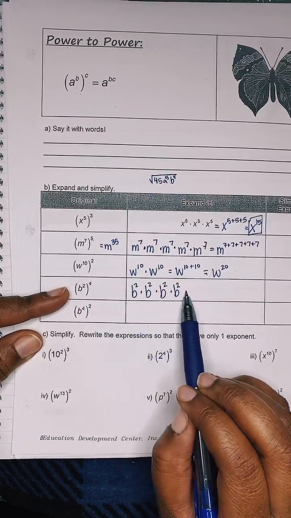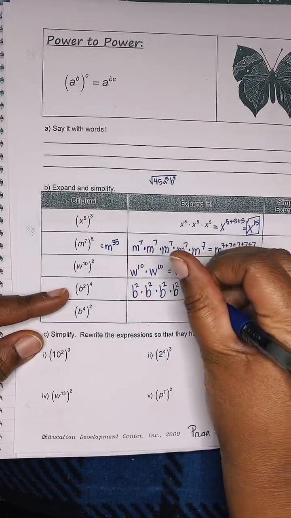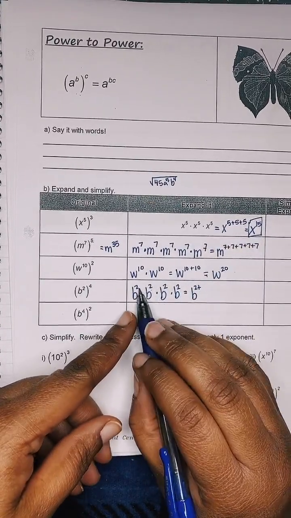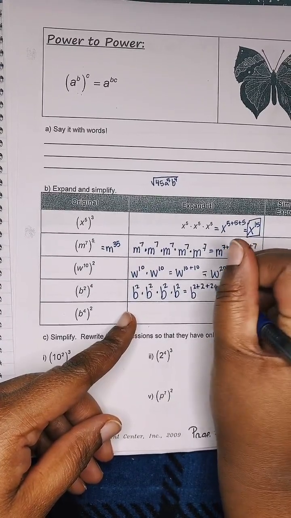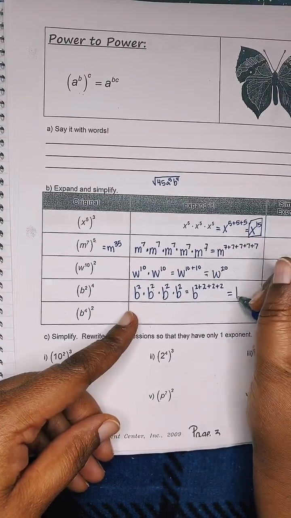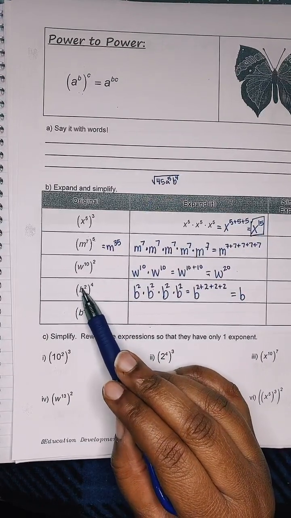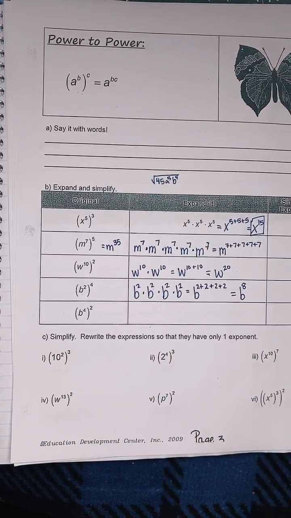And then when we're multiplying variables, we add exponents. So we would get b to the 2 plus, well, how many 2's do I have? 1, 2, 3, 4. So 2 plus 2 plus 2 plus 2. And this simplifies down to, well, 2 times 4 just gives us 8. And that's our exponent.